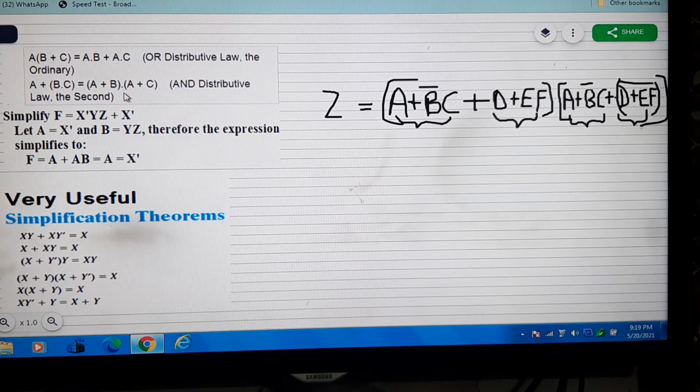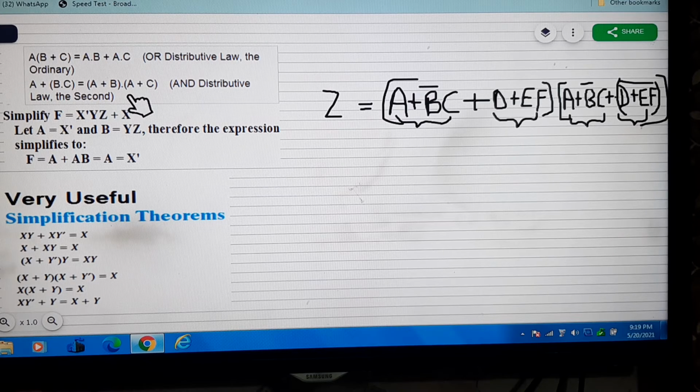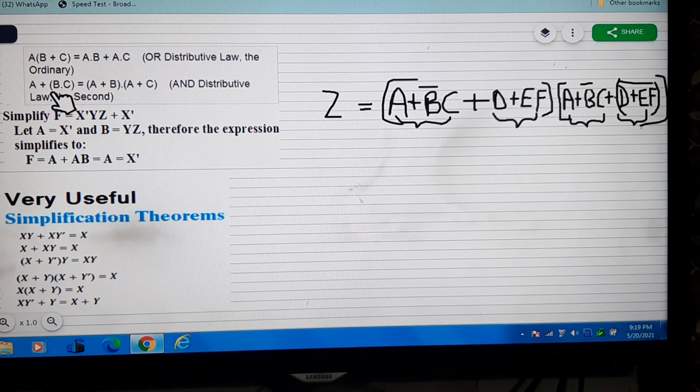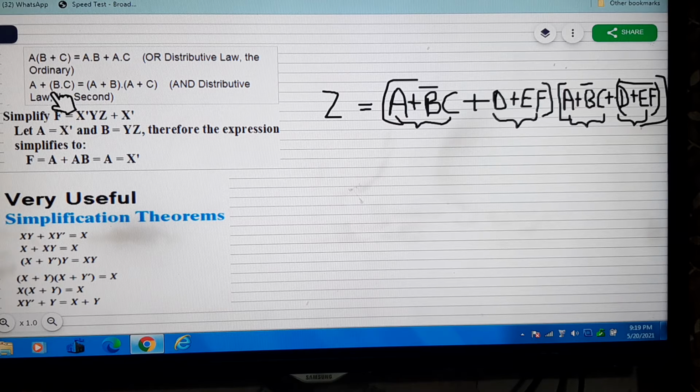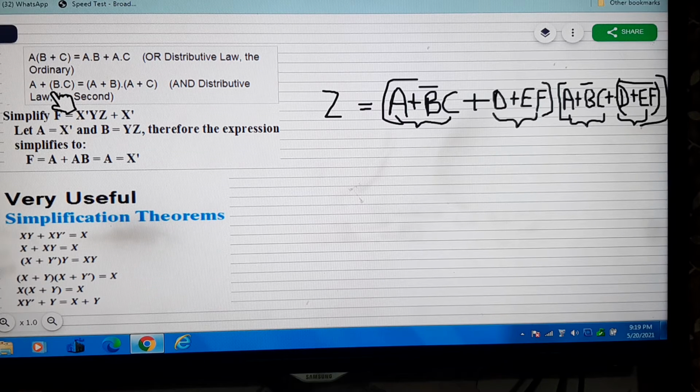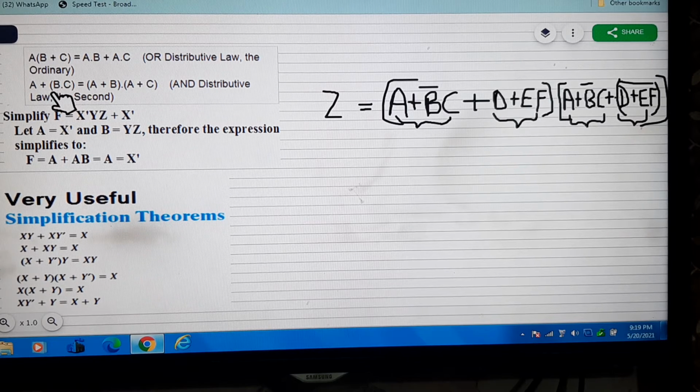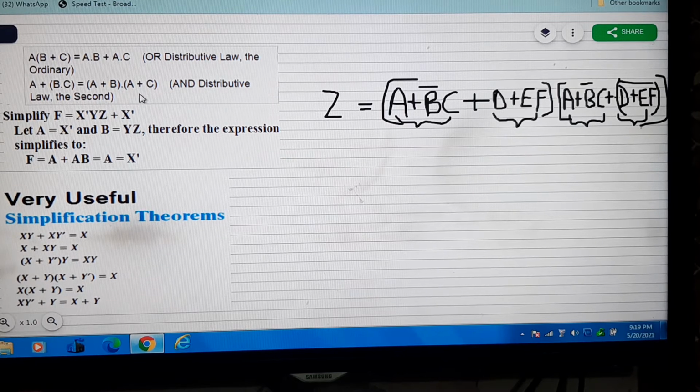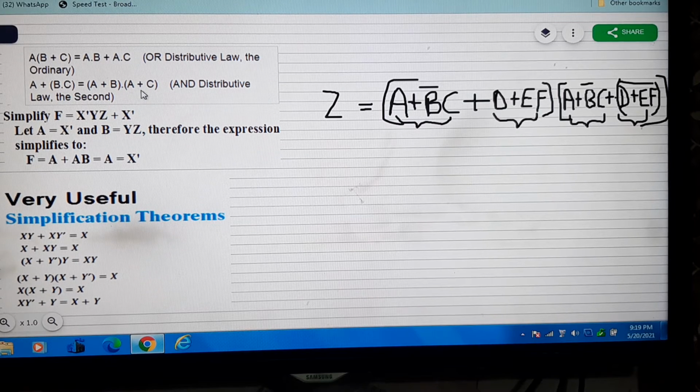The second distributive law: the expression a plus bc cannot be factored in ordinary algebra, but it is easily factored in Boolean algebra using the second distributive law. As we can see here, a plus bc is equal to the product of a plus b and a plus c. This is the second distributive law.